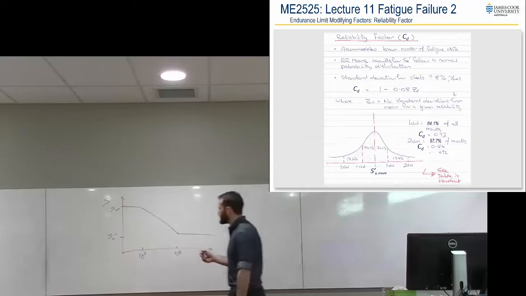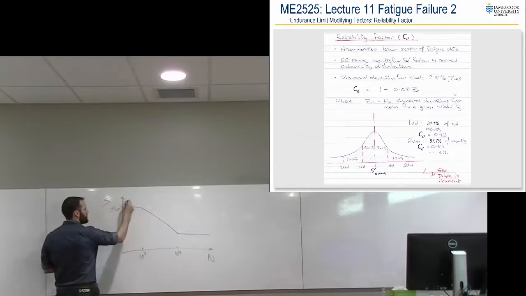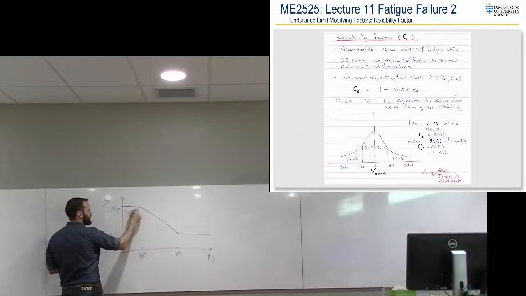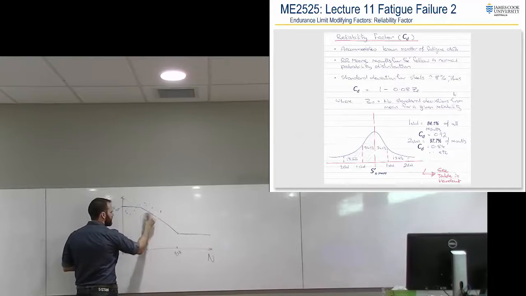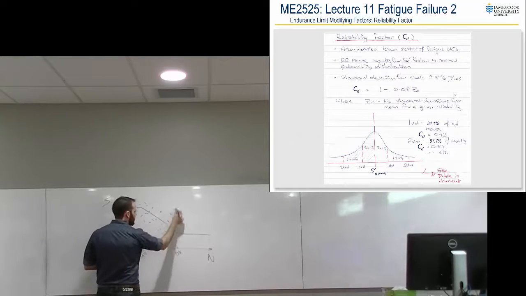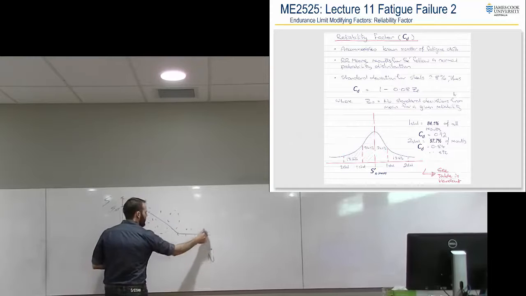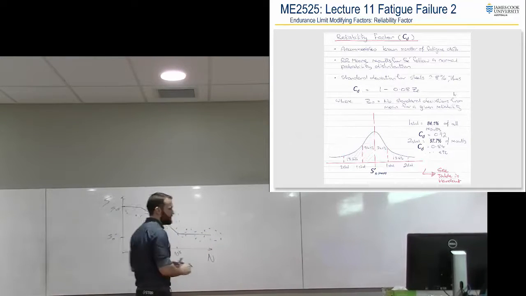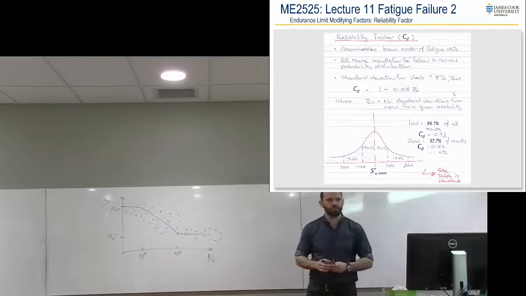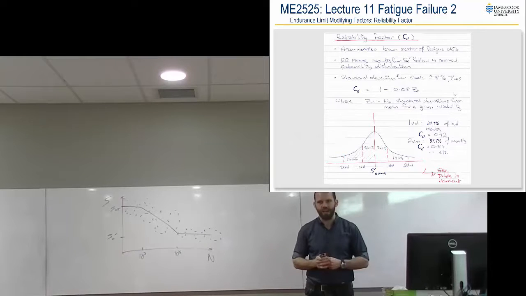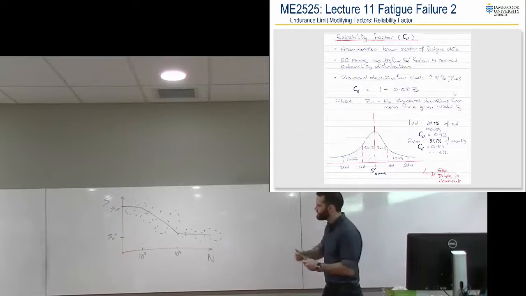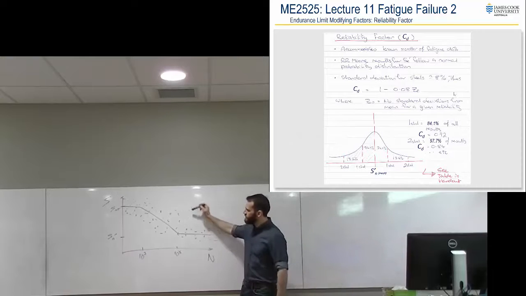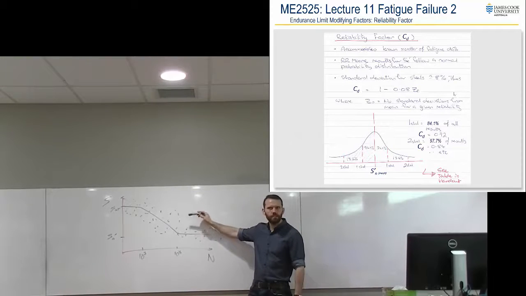Well, what actually happens, this has points on the curve, and you've got some data up here and some data down there, that's your experimental data. The line that we're dealing with is the average, the mean, the very middle. The data above the line, better or worse?